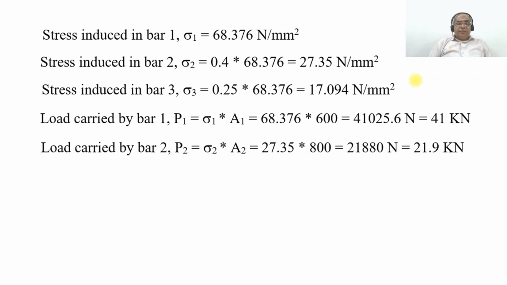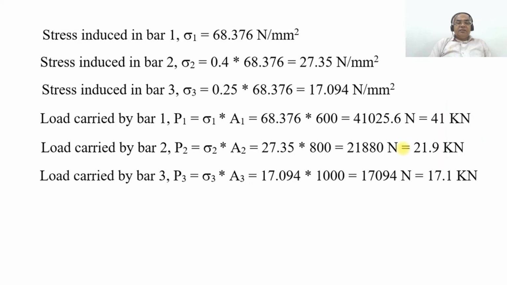Similarly, load carried by bar 2, which is P2, is equal to sigma 2 into A2. Substitute the value of sigma 2 as 27.35 into area of cross section of bar 2, which is 800. So on simplification, you are going to get it as 21,880 Newton, which is equal to 21.9 kilonewton.